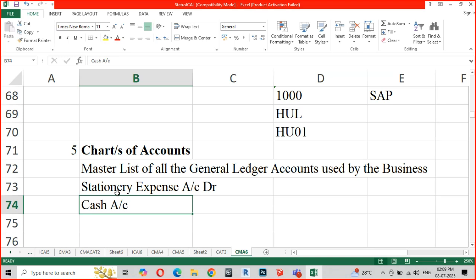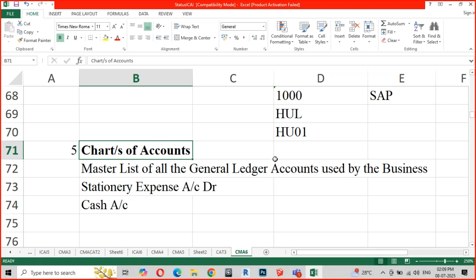Where do these two general ledger accounts exist? They exist in a master list called your chart of accounts. Your chart of accounts contains all the general ledger accounts which are being used by the business: your salary account, rent account, wages account, overtime account, maintenance account, whatever.